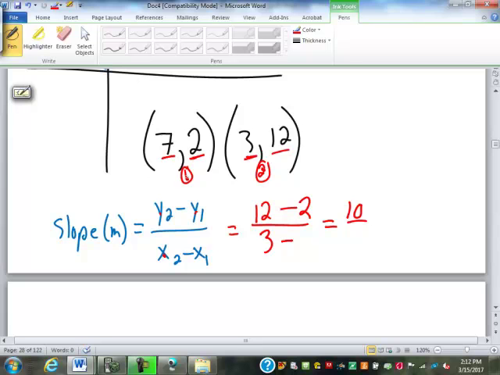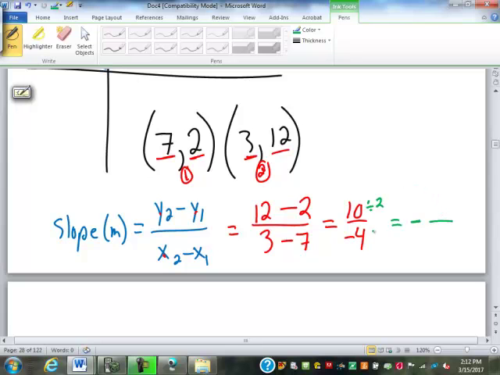The 7, good. Point 1, the x-coordinate is 7. 3 minus 7 is a negative 4. Now, we can't just divide this out and get a negative 2.5. We do have to simplify it. First of all, I'm going to put the negative out front. It's a positive divided by a negative, so it's going to be a negative.